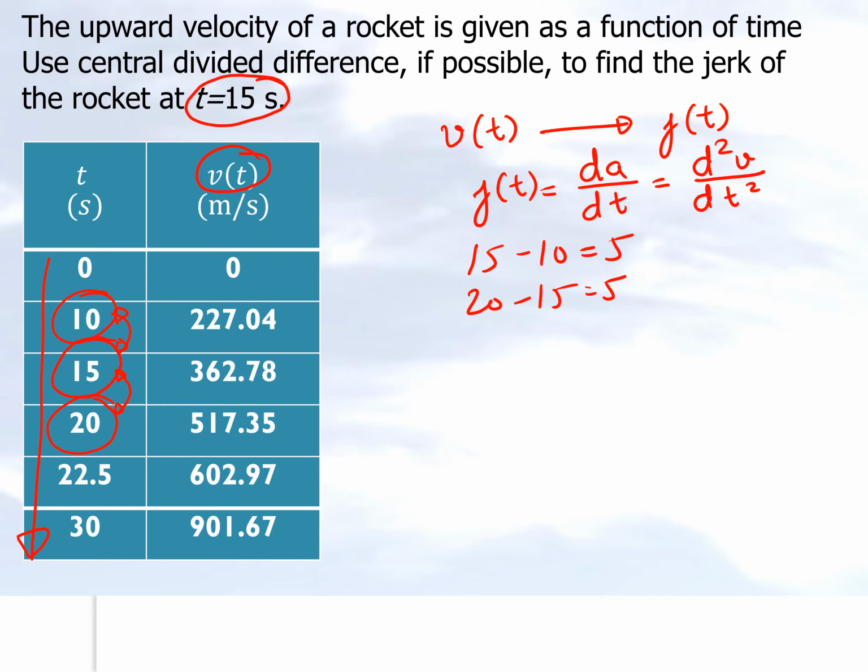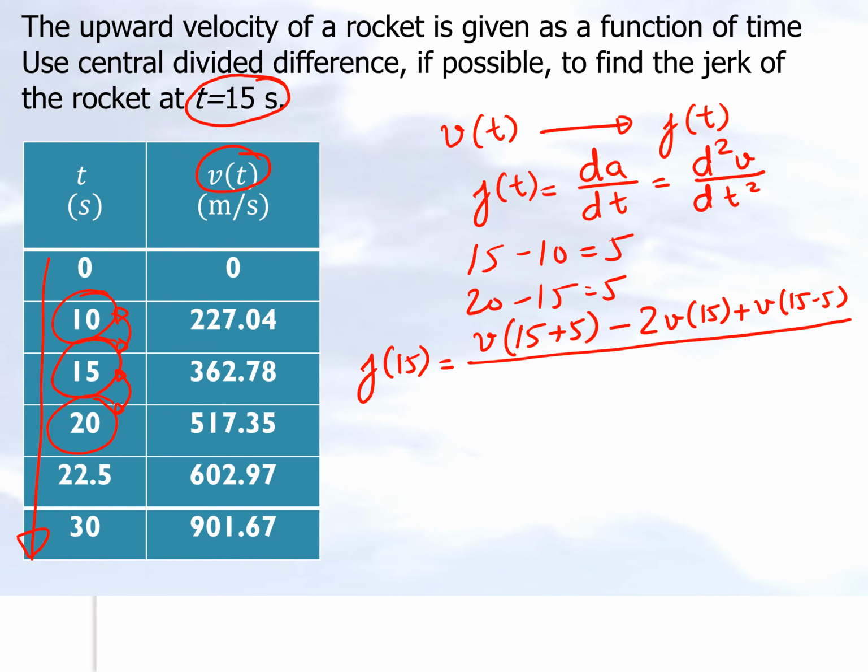So having said that, let's go and see how we can find the jerk at 15 seconds. The jerk at 15 seconds will be equal to, based on the formula which we have, the velocity at 15 plus 5, so this is your t of i plus 1, minus 2 times the velocity at the point where we are seeking to find the jerk, plus v at 15 minus 5, which is the point behind. Divided by the difference between 20 and 15 squared, because that is the difference between the two.